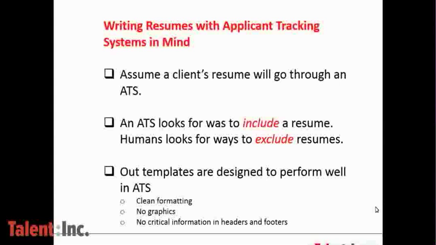So there will be times when the quality team may reach out to you and say, "Can you please remove the client contact information from the header and footer?" And that's most important on the first page. We certainly are okay with putting client information on the second page in a header. That's standard, because the applicant tracking systems don't understand or care about resume length.